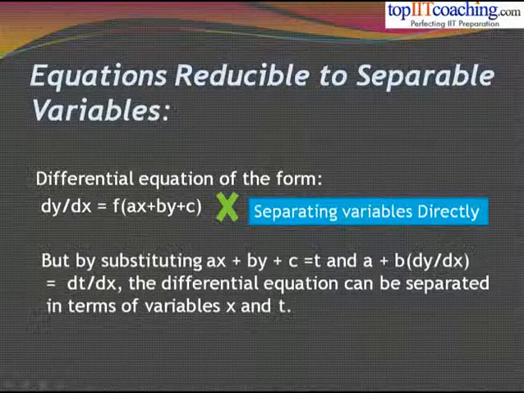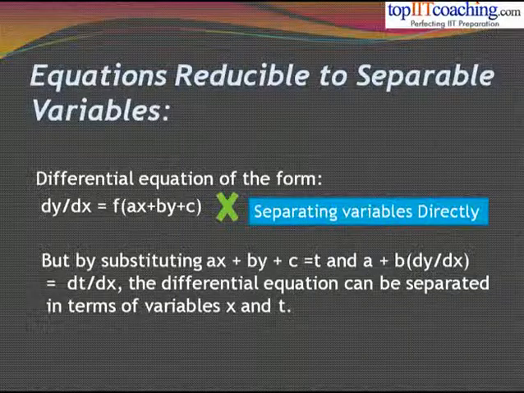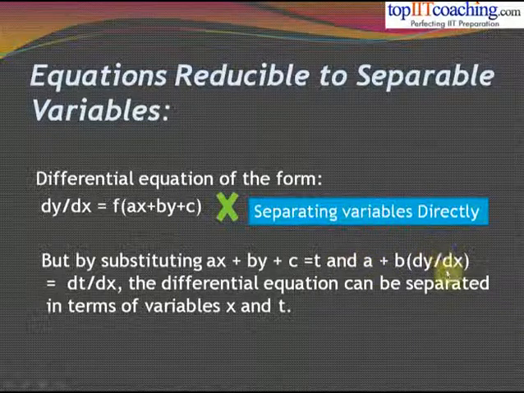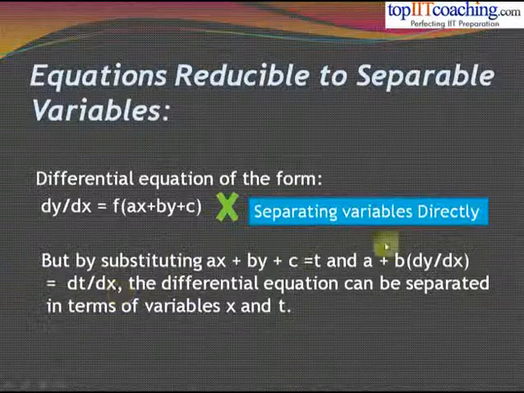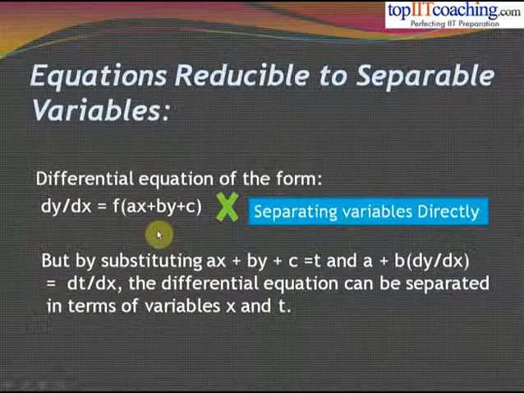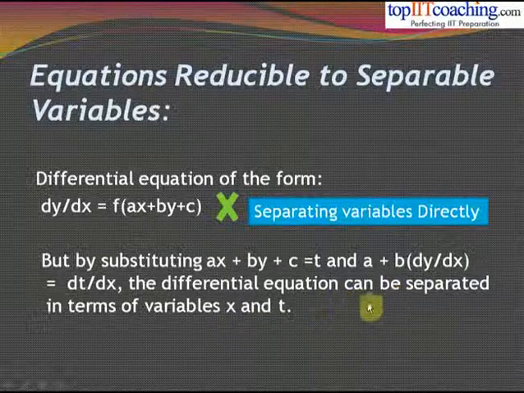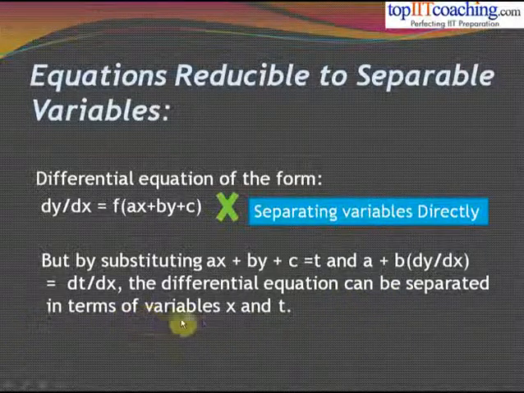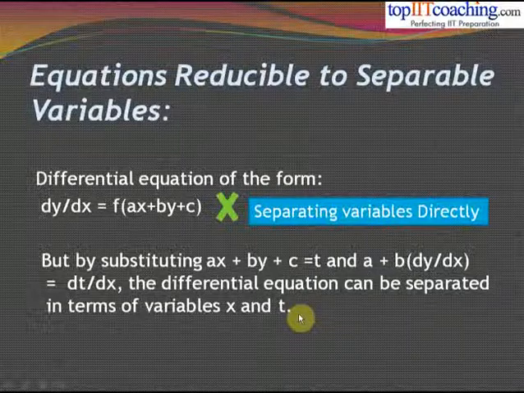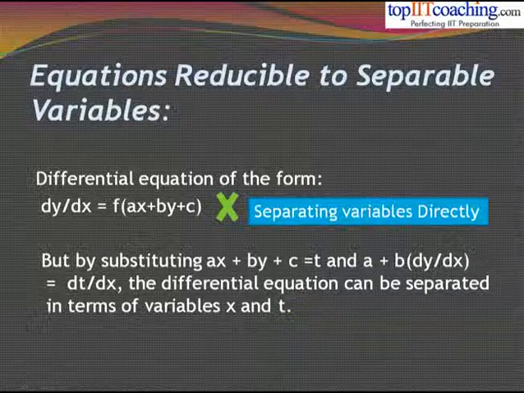But by substituting ax plus by plus c equal to t, we can reduce this into separable variable form. How? The differential of this would be a plus b times dy by dx equal to dt by dx. So we substitute the value of dy by dx in this expression in the form of dt by dx, and thus the differential equation would be in the form of variables x and t, which can be easily solved by the method of separable variables.